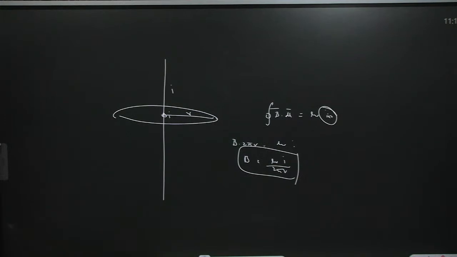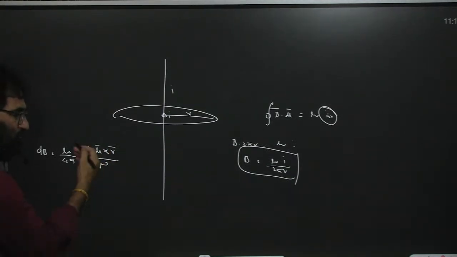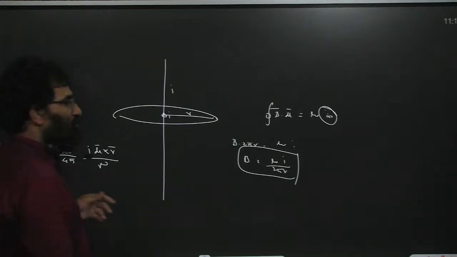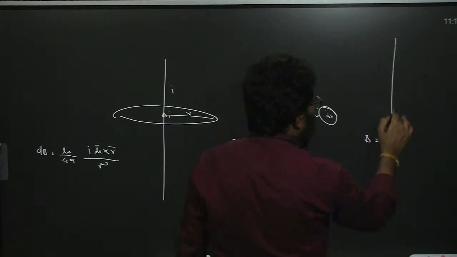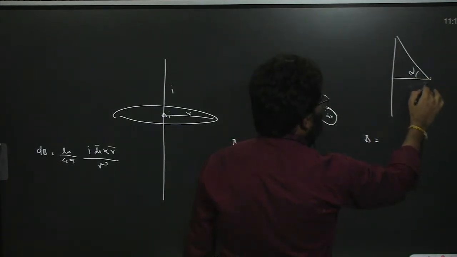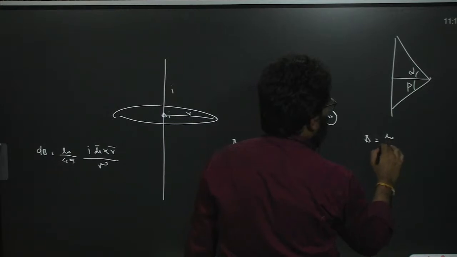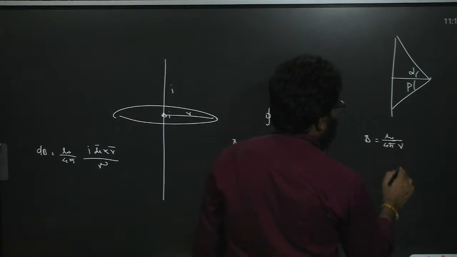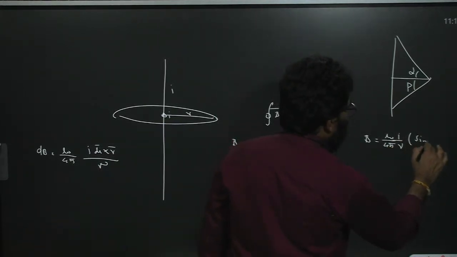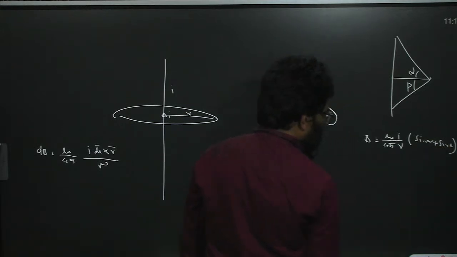According to Biot-Savart law, the magnetic field at any point is mu naught by 4 pi into I dl bar cross r bar by r cube. From this we get sin alpha plus sin beta. The magnetic field due to a finite current carrying wire, with angles alpha and beta, is mu naught I by 4 pi r into sin alpha plus sin beta, perpendicular into the plane.